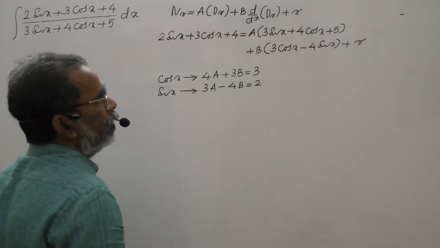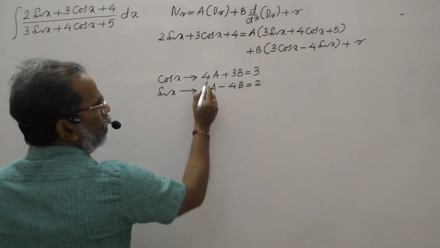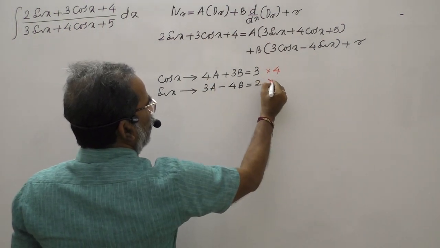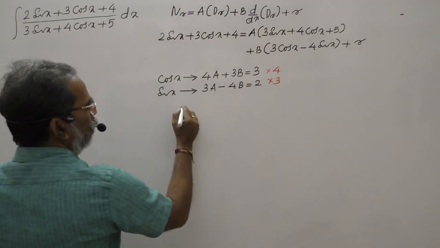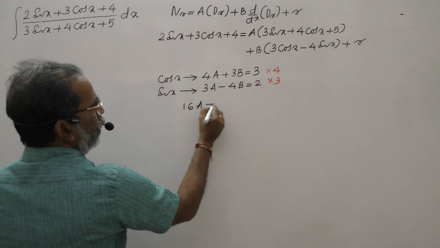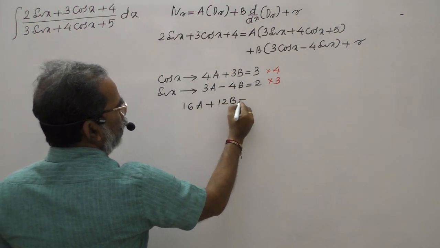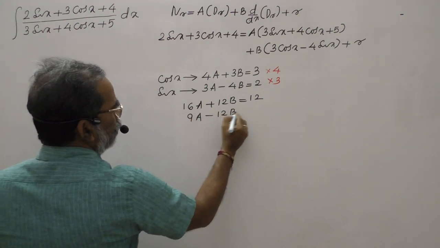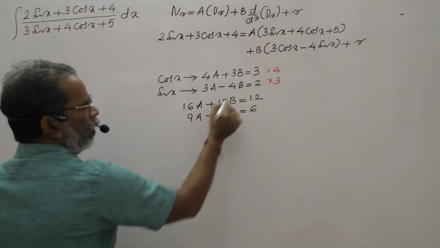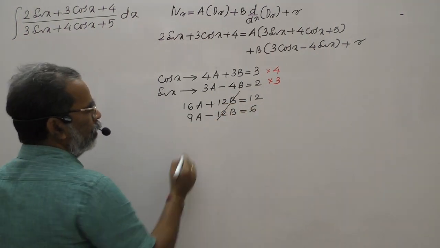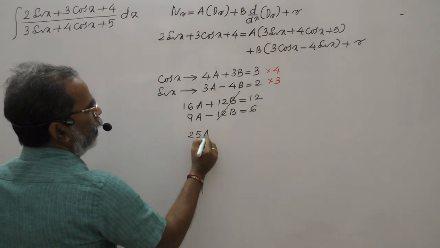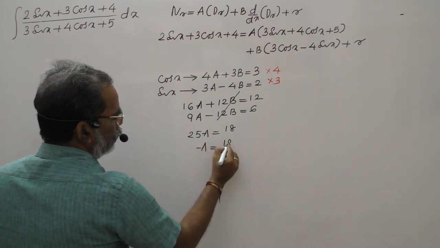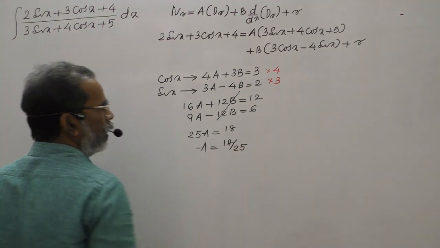Now we shall solve these equations. I will multiply the first equation by 4 and the second equation by 3. Then I will get 16a plus 12b equal to 12, and 9a minus 12b equal to 6. If I add these two, these will be cut. I have 25a is equal to 18, which implies a is equal to 18 by 25.